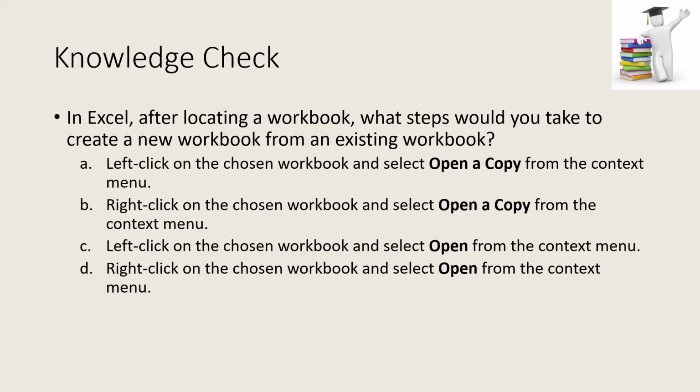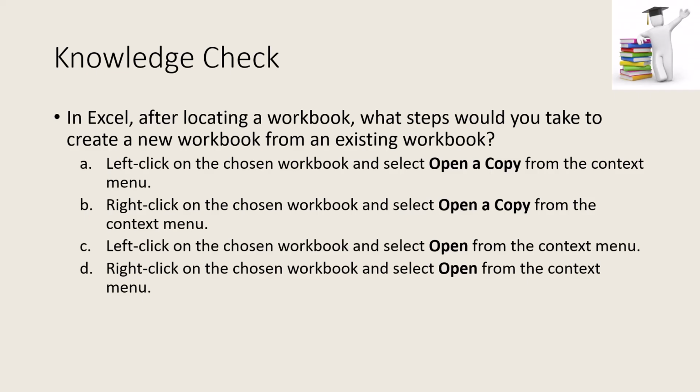In Excel, after locating a workbook, what steps would you take to create a new workbook from an existing workbook? A. Left-click on the chosen workbook and select Open a Copy from the context menu. B. Right-click on the chosen workbook and select Open a Copy from the context menu.